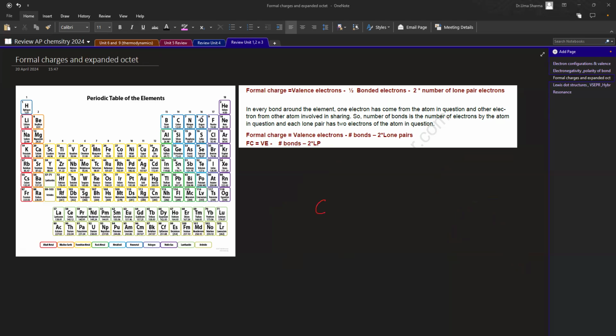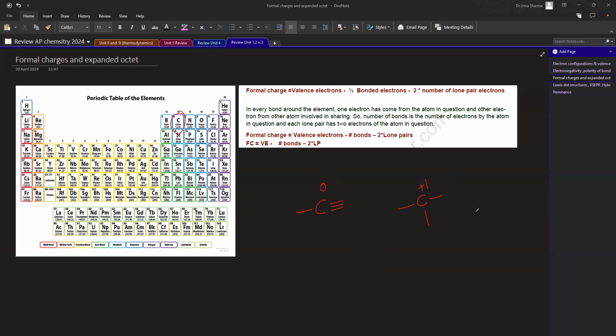Okay, now I'm giving you another example. Carbon. How many valence electrons carbon has? 4. If I show you carbon like this, what's the formal charge on carbon? Yes, 0. 4 minus 4. If I show you carbon like this, what's the formal charge on carbon? Charge means, yes, Ritika, you're right.